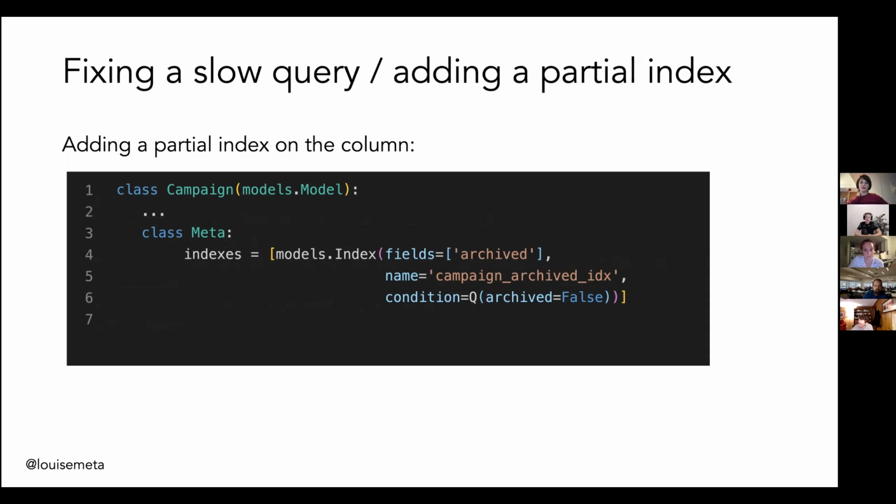If you don't know what indexes are, I'm going to spend a few seconds explaining that. The idea of an index in Postgres is basically the same thing as an index in an encyclopedia. Say you're looking for everything about birds. Instead of reading your encyclopedia from A to Z, you go to the index, and it gives you the list of pages where you can find things about birds.